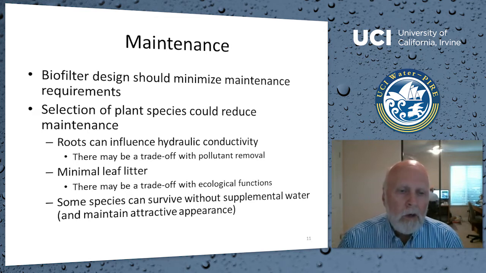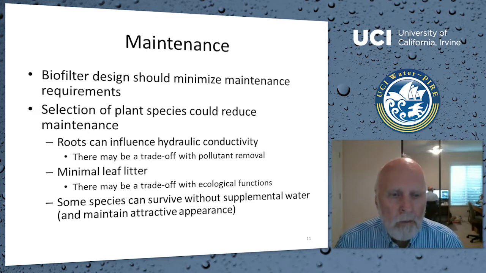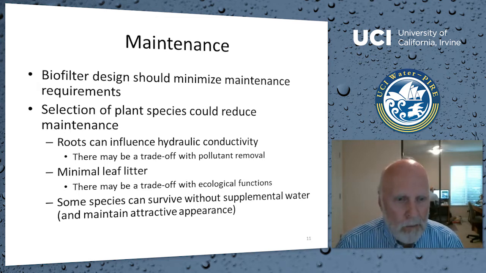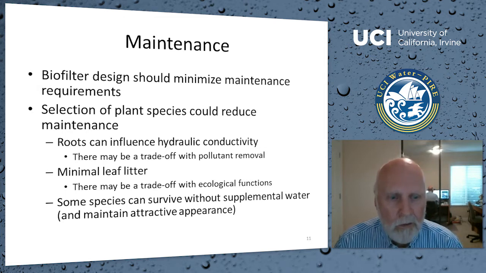And then another issue with the plant species is that sometimes in some places the main material that needs to be removed from the biofilter in order to maintain it is the material that comes from the plants, the leaf litter. And so there are some plants that will produce more leaf litter, or more leaf litter that clogs the biofilter than other plants.